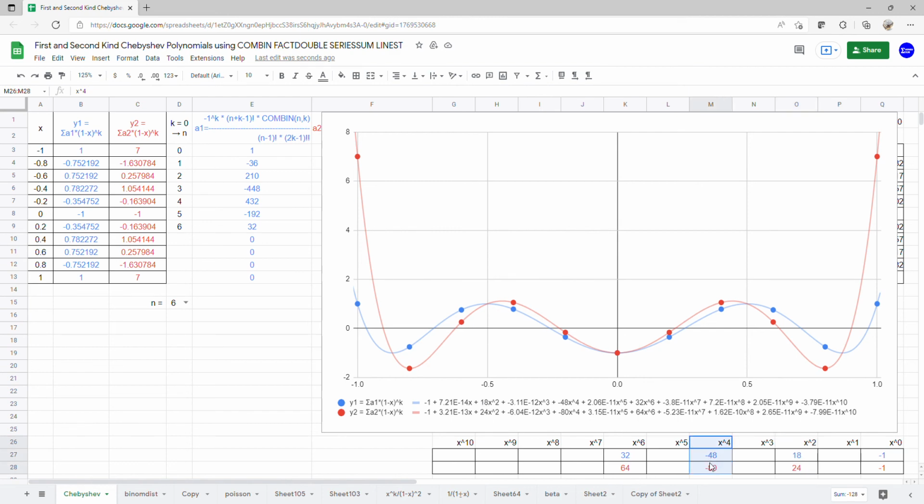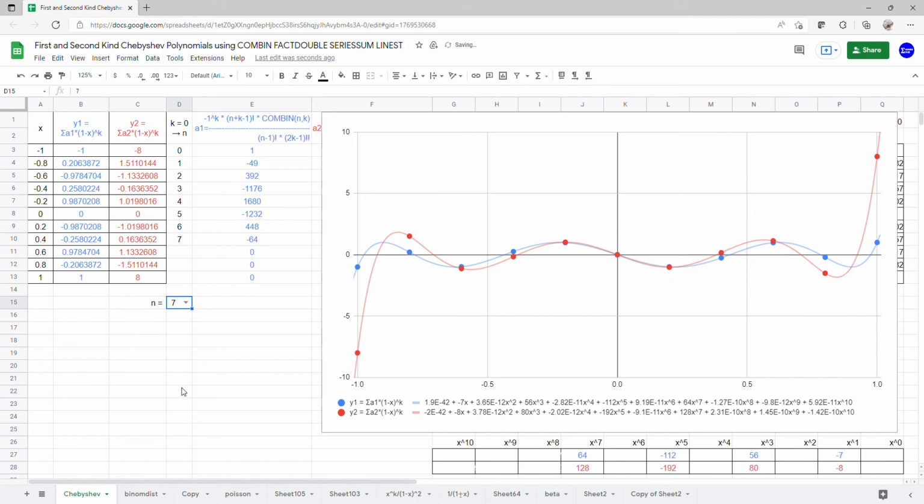For x to the 4th, minus 48, 80. And x to the 6th, 32, 64. N equals 7. Coefficient of x, minus 7, 8. Coefficient of x cubed, 56, 80. Coefficient of x to the 5th, minus 112, minus 192. Coefficient of x to the 7th, 64, 128.